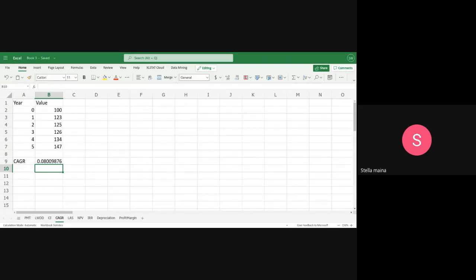So the compound annual growth rate measures the growth of an investment as if it had grown at a steady rate on an annual compounded basis.